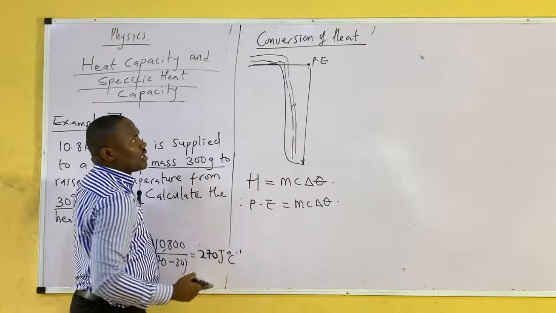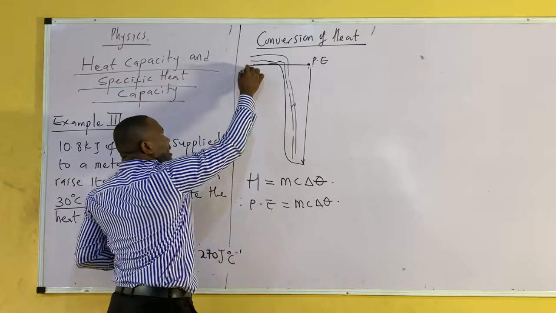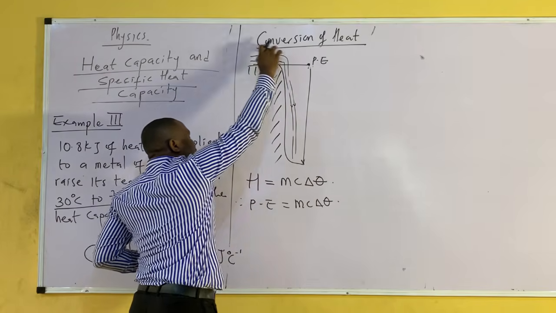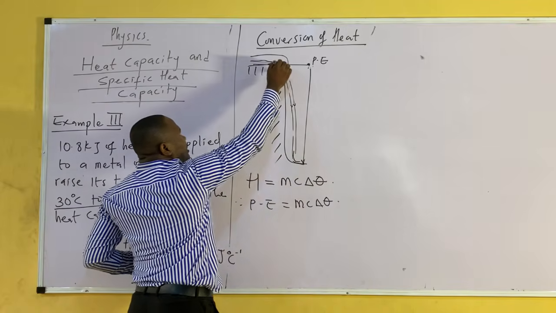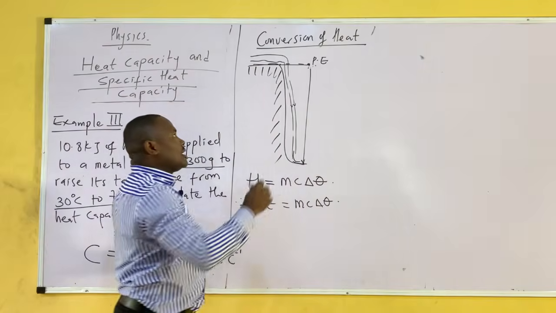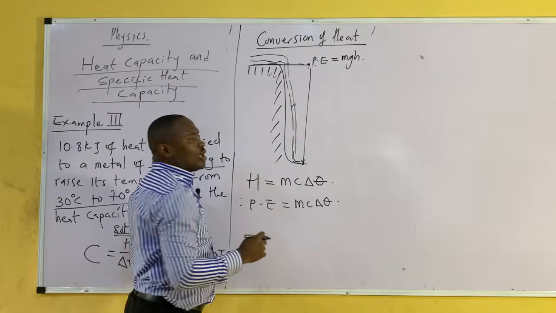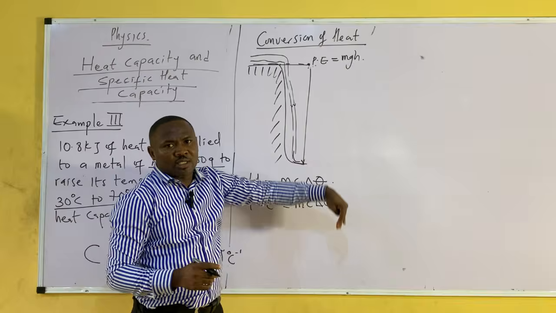Now, what is potential energy? Remember how I started, a waterfall. This is more like a rock, and you have water falling from the top down to the base of the rock. At this point, the energy is potential energy, and you know potential energy equals mgh. So now the conversion of energy will be from potential to heat energy.